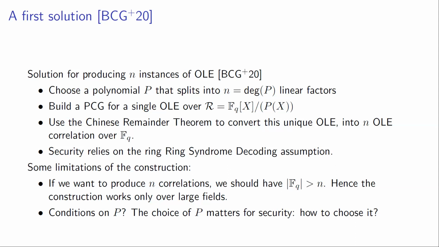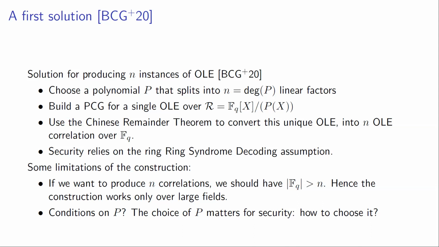It is isomorphic to that. So if you can create one OLE over it, then you can obtain n different OLEs. The problem, as I told you before, is that because you want the polynomial to split, you have a condition on the size of FQ, which should be superior to n.